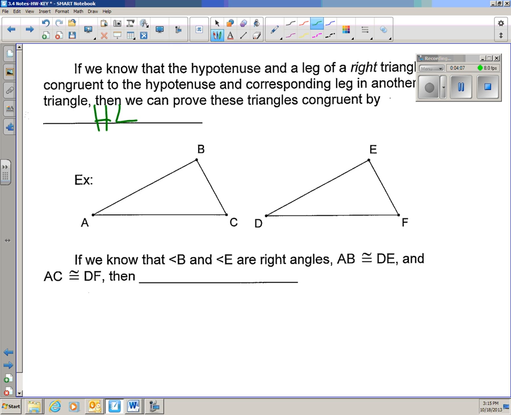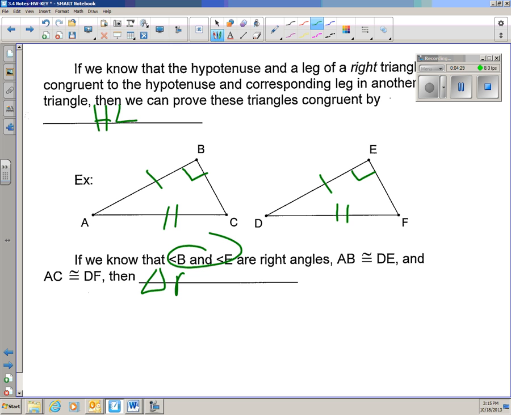So it's saying to you, okay, well, if we know that angle B and angle E are right angles, and I can mark them as such, and you also know that line segment AB is congruent to line segment DE, and you also know that line segment AC is congruent to line segment DF, then you do in fact have these two triangles congruent.